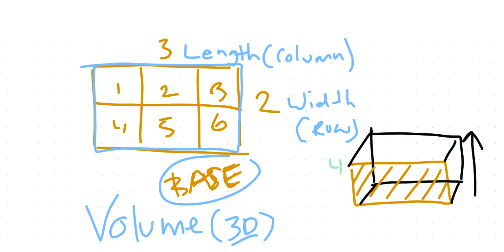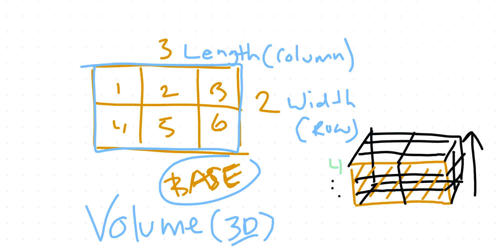Okay, here we go. Here's the drawing. So I have 3 by 2. I know I just did that the wrong way, but that's still 6. And that's happening in each one of these areas here, and it's 4 levels high.